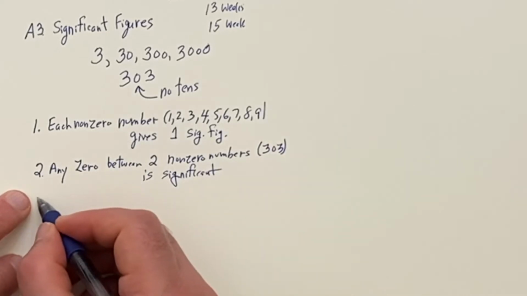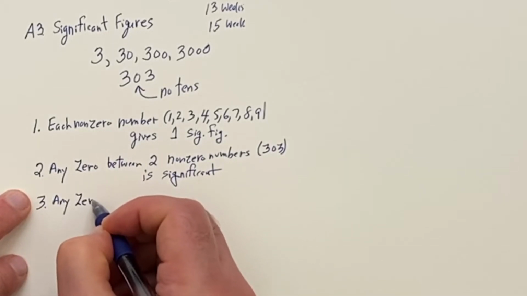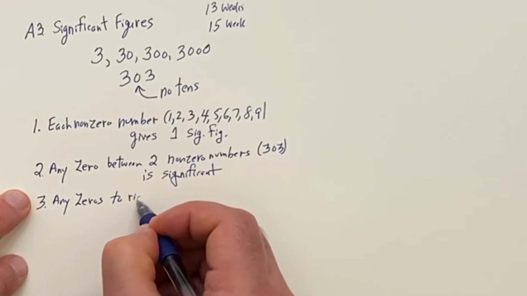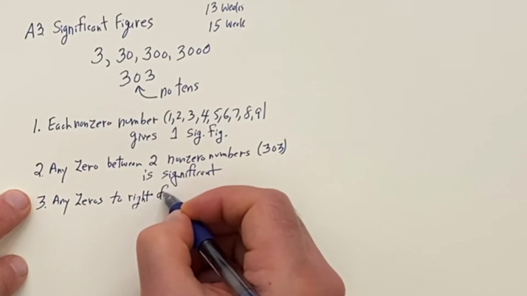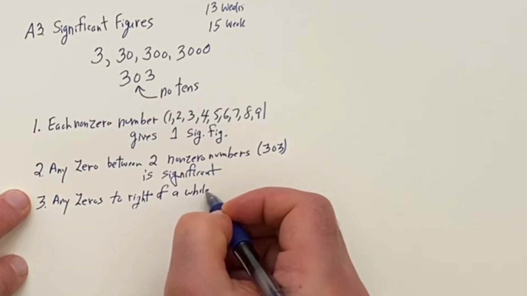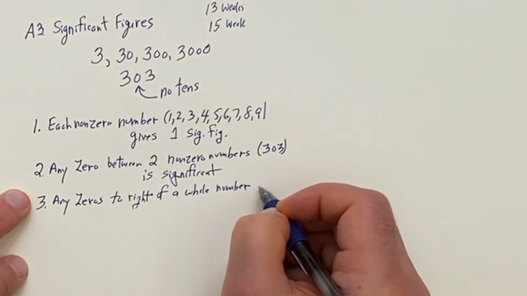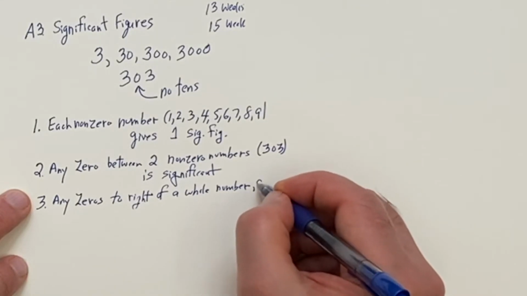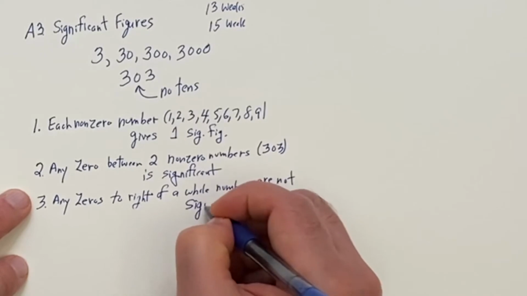Then, if we look at any zeros to the right of a whole number, they are not significant.